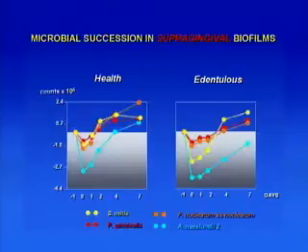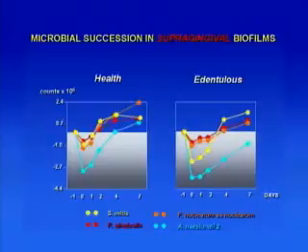And the reason for this is probably, A, we have a different surface. We're talking about a plastic denture versus a tooth. But we must also realize that in the edentulous subject, there's no subgingival environment. And the subgingival environment probably does help to feed the bacteria in the supragingival plaque.